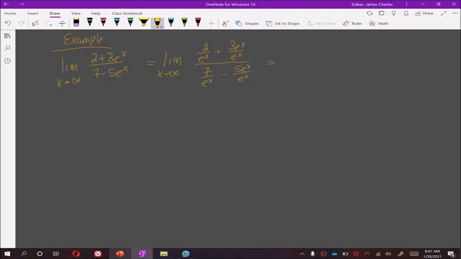So we get the limit as x approaches infinity of 2 over e to the x plus 3, divided by 7 over e to the x minus 5.